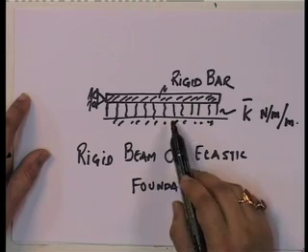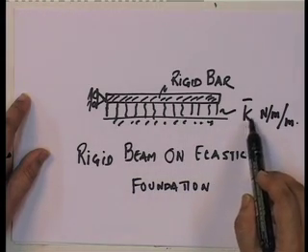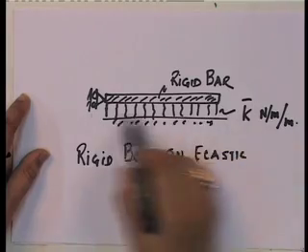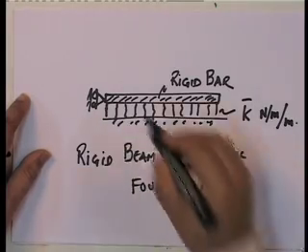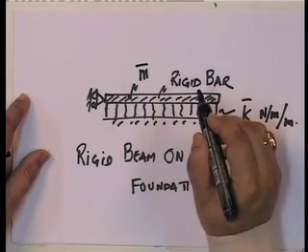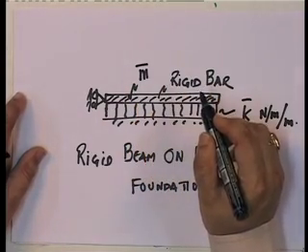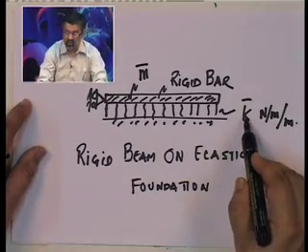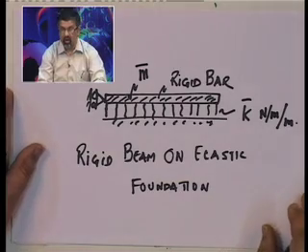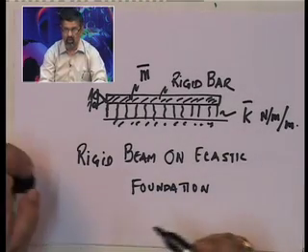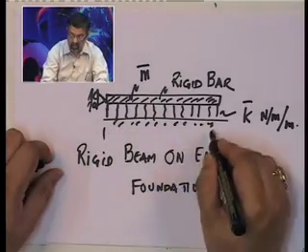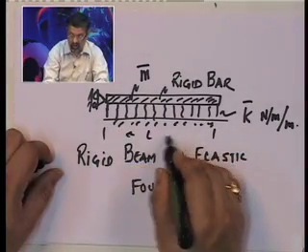Okay. So, that is like the subgrade modulus. So, this is like a spring constant per meter. We also look at this having m bar, which is mass per unit length. So, this is the stiffness per unit length, and this is the mass per unit length. Okay. This is a classical rigid beam on elastic foundation problem, and let us just assume that the length of this bar is L.